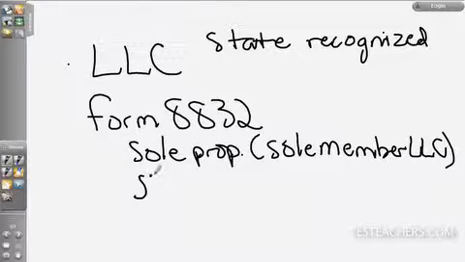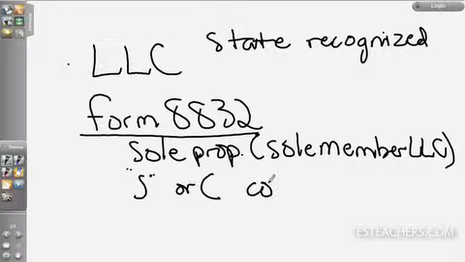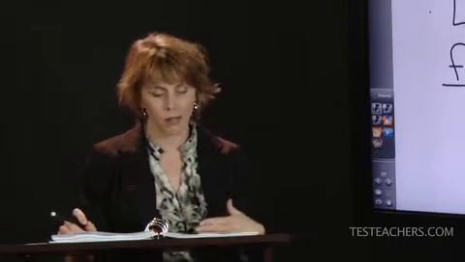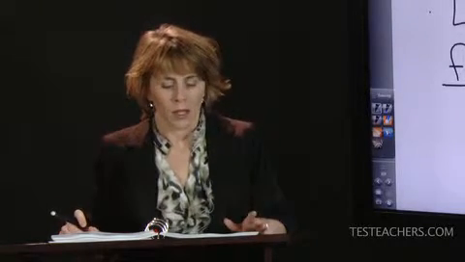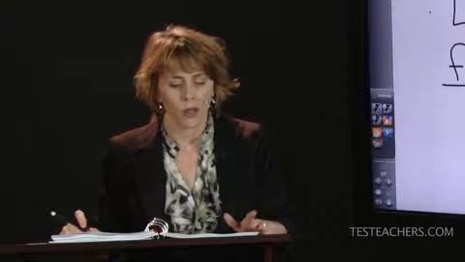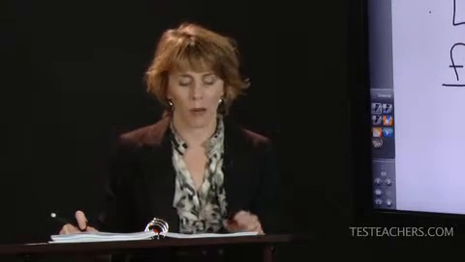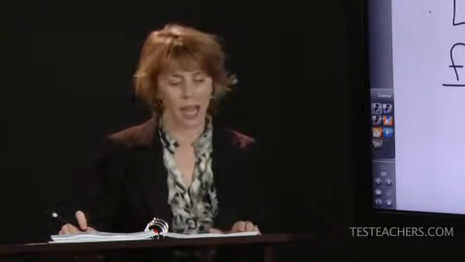So they have to make an election on this form that is filed with the IRS, S corp or C corporation. So the C corporation would subject the business to taxes being owed at the corporate level. So remember, the LLC is only a state-recognized business organization. Form 8832 must also be filed with the IRS to notify them of how the LLC intends to be taxed.